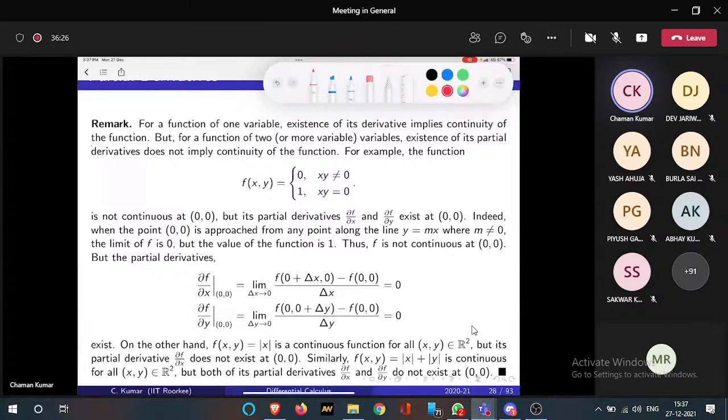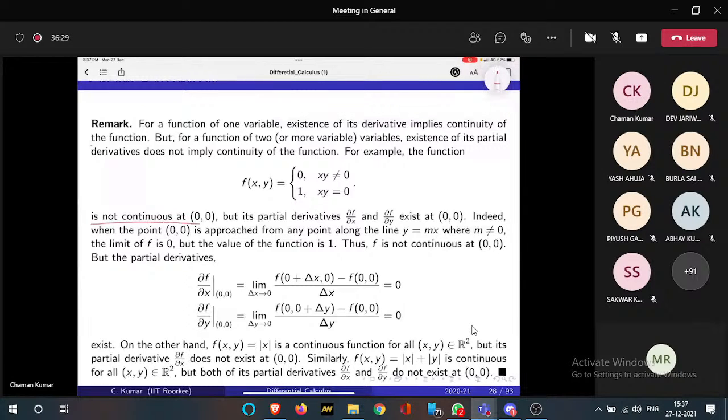This function is not continuous. And this is clear from the definition itself. At point (0, 0), the value of the function is 1.